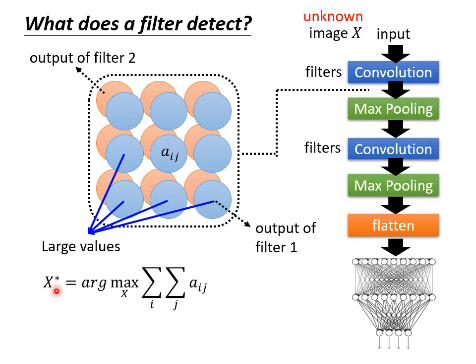It is not any specific picture in the database. We treat X as an unknown variable or learnable parameters to find this X star and feed the X star into the network that is trained beforehand. The convolutional layer of this network outputs the values of these features. The values in the feature map it outputs will be as large as possible.